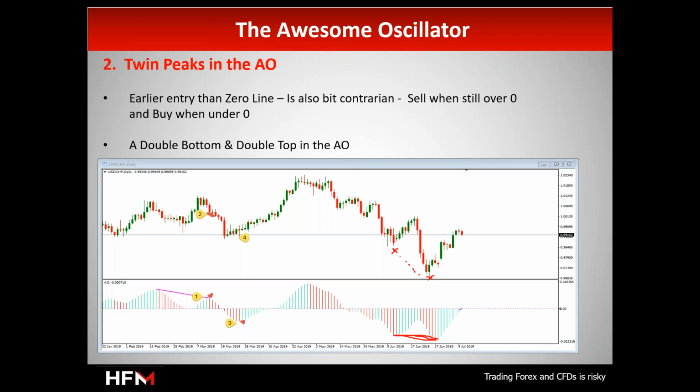Okay, so let's make it a bit more tricky. What other signals can the Awesome Oscillator show us? Similar to, I'm not sure whether you have seen a webinar in regards to MACD or RSI, it's good to check the peaks or the bottoms that we are getting by connecting them with a trend line, the peaks or the bottoms of the Awesome Oscillator.